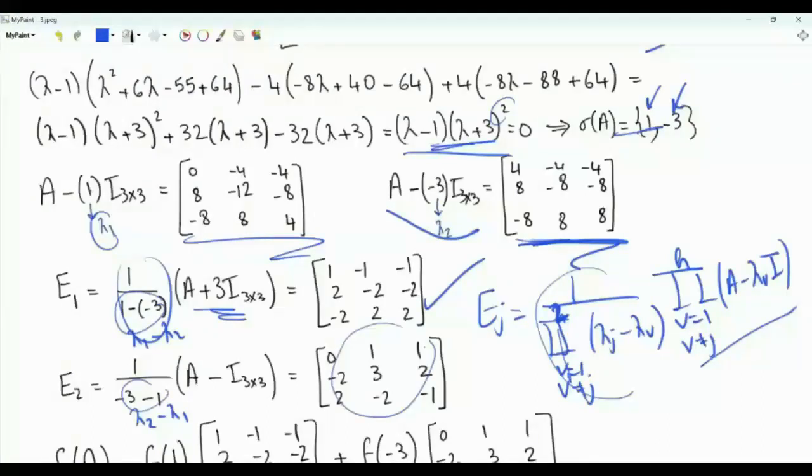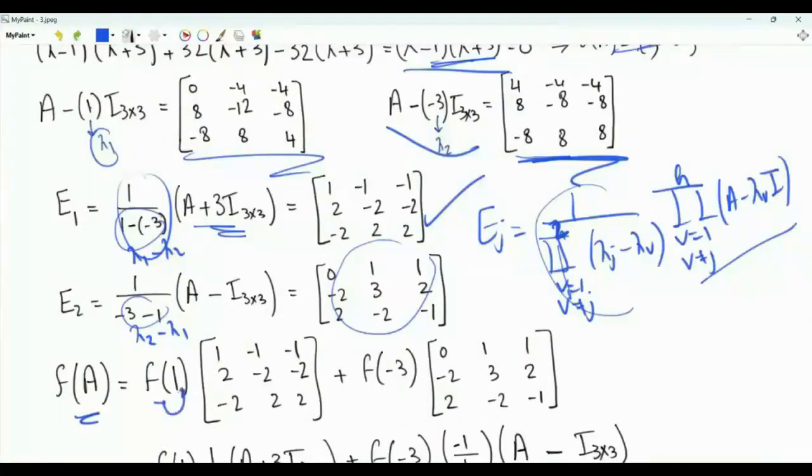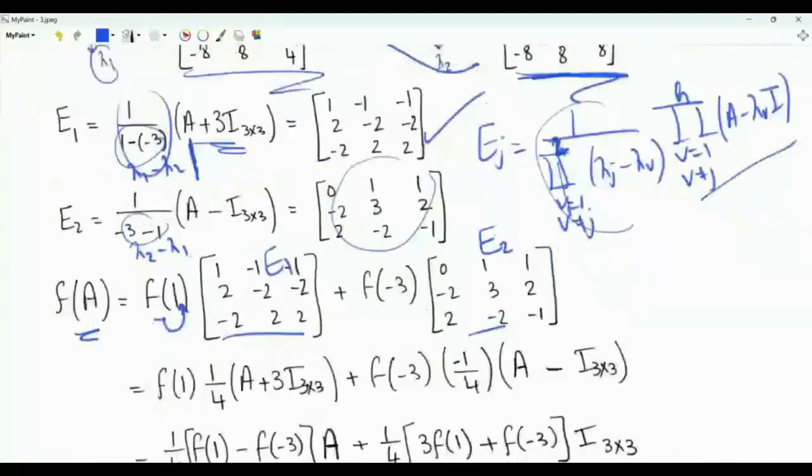This is E2. A function f of A is equal to f applied to the eigenvalue 1 times this matrix, which is E1, plus f applied to lambda 2, which is minus 3, times the matrix E2. If we write things explicitly in terms of the original matrix A, then this is f of 1 times E1, 1/4 times A plus 3 times identity, plus f of minus 3 times E2, which is minus 1/4 times A minus identity.